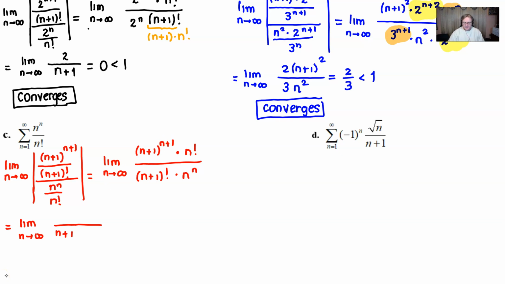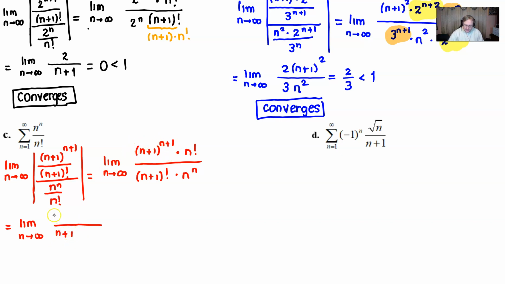The first thing that I might suggest is that you realize that you have an n plus 1 to the first in the bottom. You can actually combine this n plus 1 to the n plus 1 power with that n plus 1.